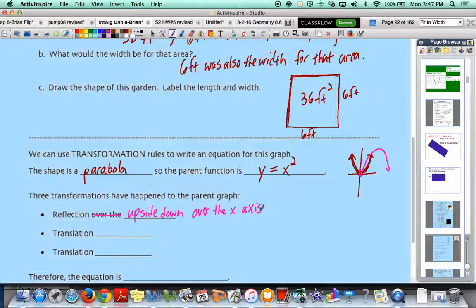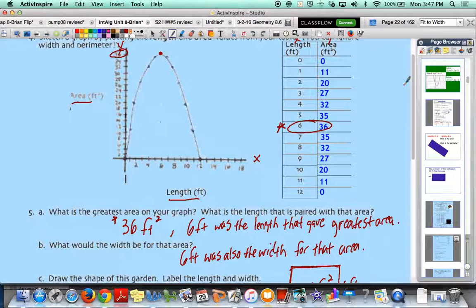It's been translated to the right. Let's think about how far to the right did that translate up here. So think back to our original parent function has a vertex here of 0, 0. And this has been translated to the right 6 units. And then it's been translated up 36 units.